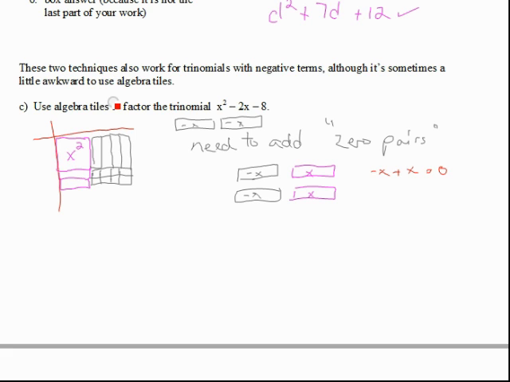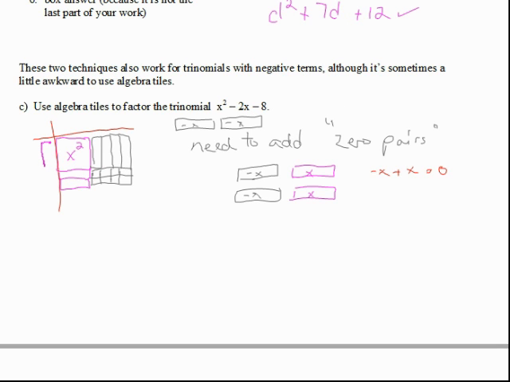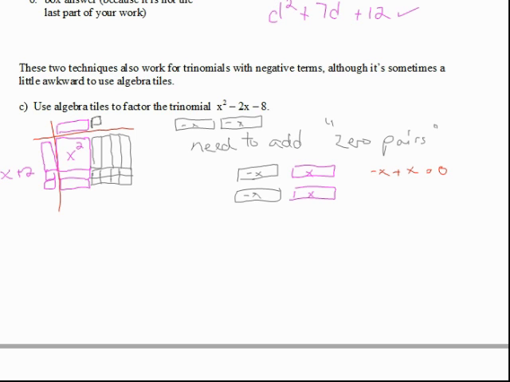Okay, on this side, I have a positive x and a positive 1 and a positive 1, so this is x plus 2. And on this side, I have an x, and I have 1, 2, 3, 4 negative, so this is x minus 4.